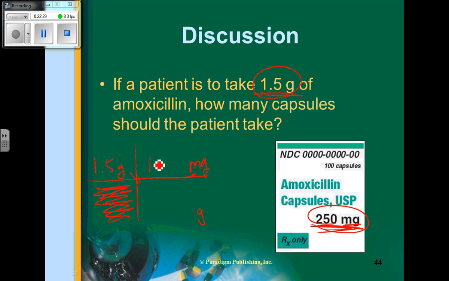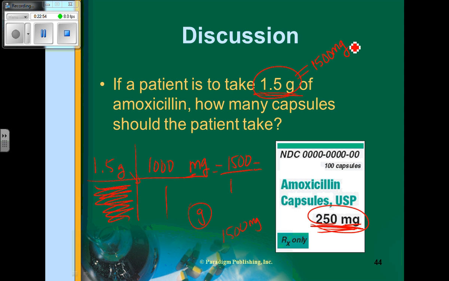Milli means 1,000. 1 unit by itself means 1. So 1.5 times 1,000 would be 1,500. Divide by 1, because 1 times nothing is 1, comes up to be 1,500 milligrams. So what you've done is you've taken this 1.5 grams and you've converted it over to 1,500 milligrams.